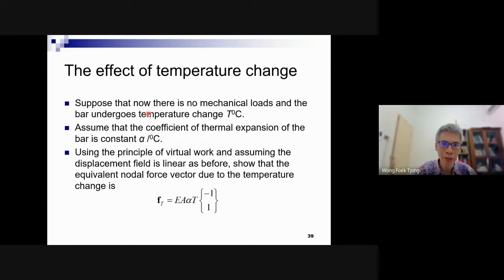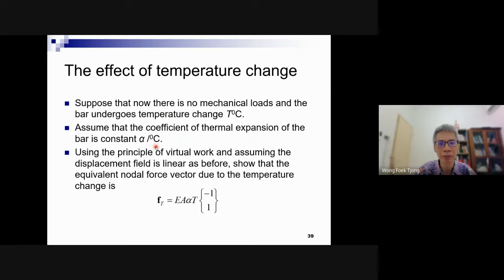Suppose now there is no mechanical load, or okay, mechanical loads are okay also, but also the bar, let's say, undergoes a temperature change, in degrees Celsius. Let's say the bar has a constant thermal expansion coefficient. It means made from homogeneous material, so E is constant, but also alpha. Alpha is the constant thermal coefficient.